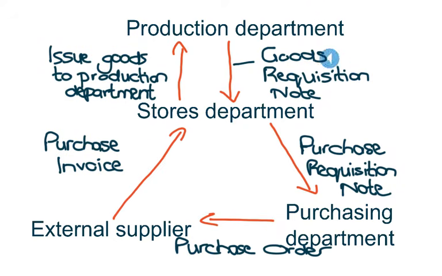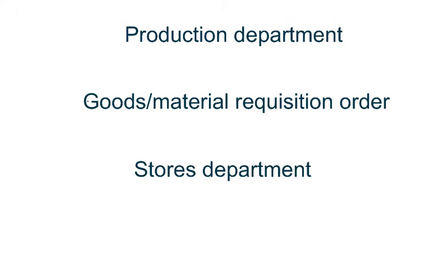We will now look at all these documents, what is meant with all these documents, and the flow of the documents. Now, why is it important that we have controls in place when we order or purchase material?